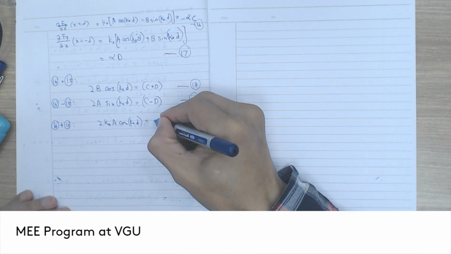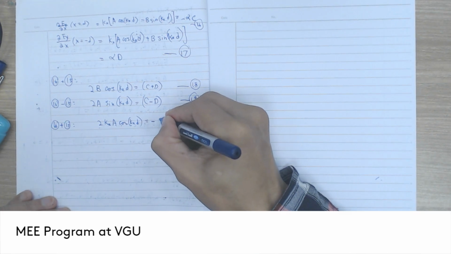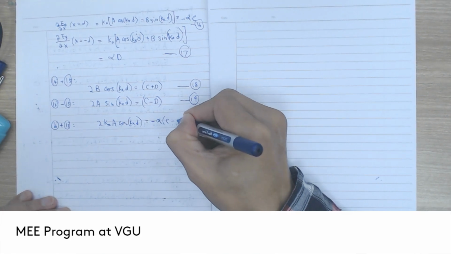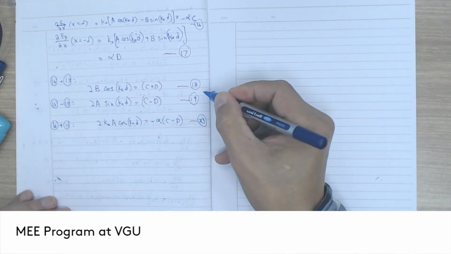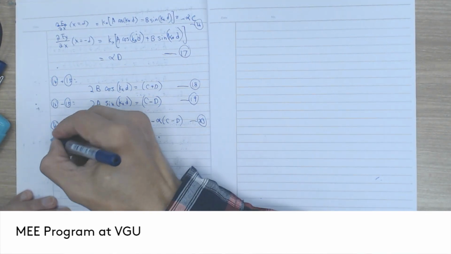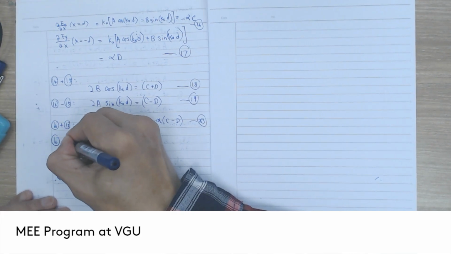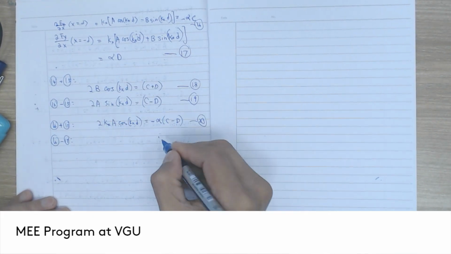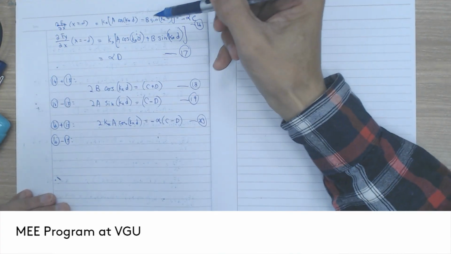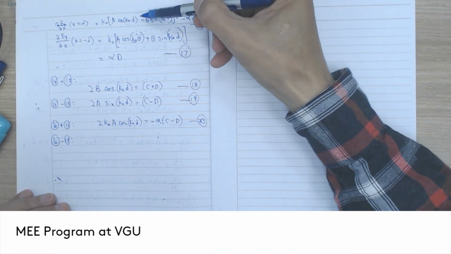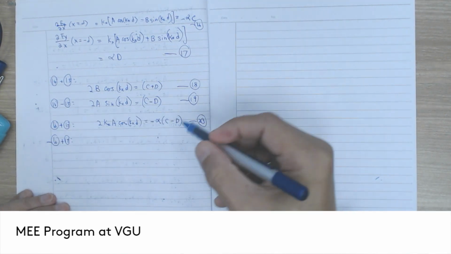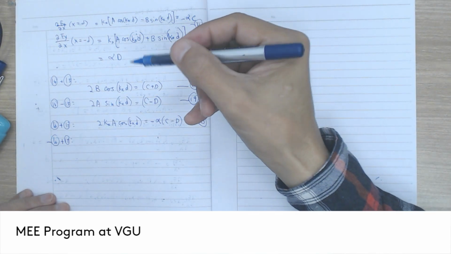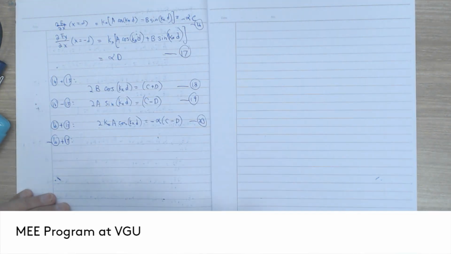This is 20, and we get a minus as well for the difference. Again, we can do this the other way around, either way you would do.